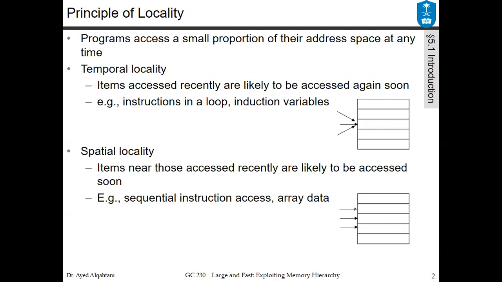So in case of an array, for example, when you access the first member, you will go through an index to the second member and then the third member and so on. So that's an example, the sequential instruction access. And you know that instructions, when we access them, we do that sequentially, one after the other. Also, a data array.